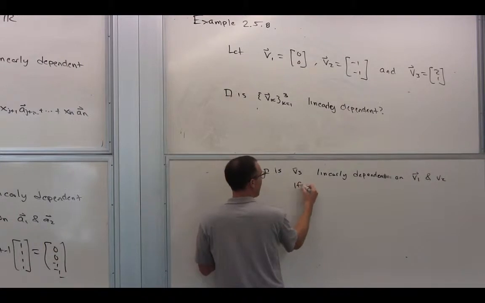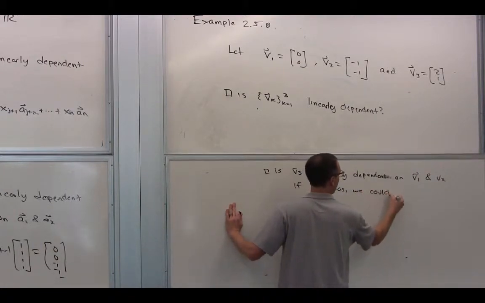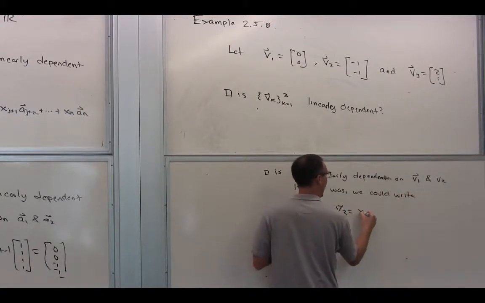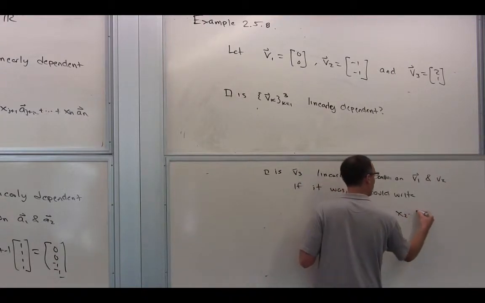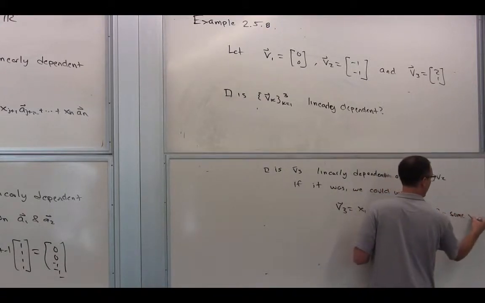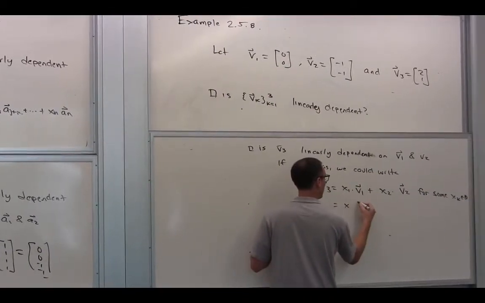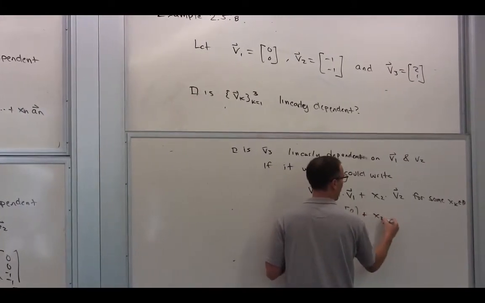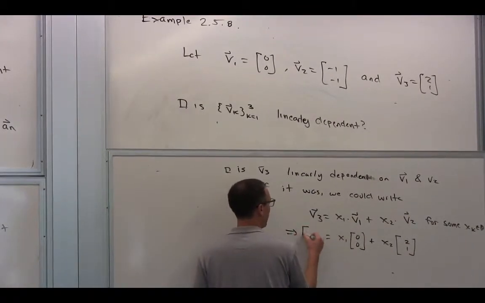Well, if it was, we could write v3 is equal to x1 times v1 plus x2 times v2 for some x sub k in R. And what would that mean? I could multiply a scalar times (0, 0) and another scalar times (2, 1), and what vector would I get out?